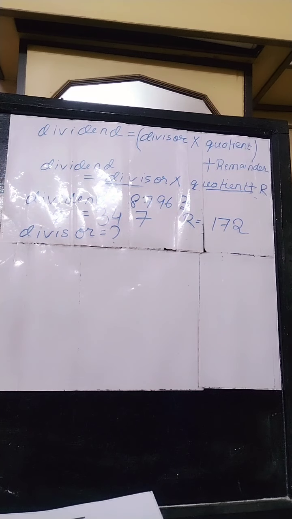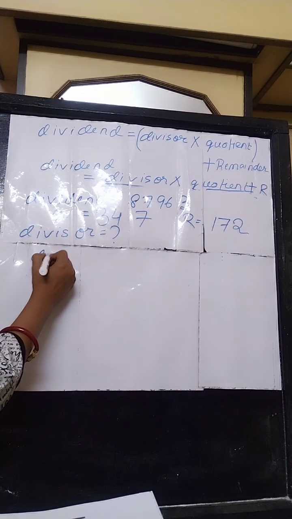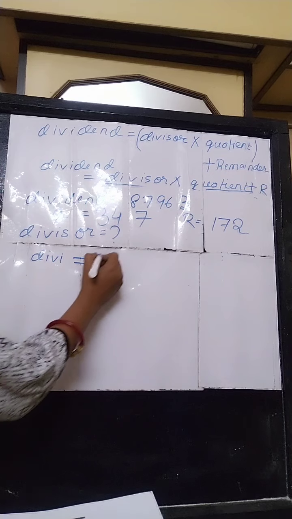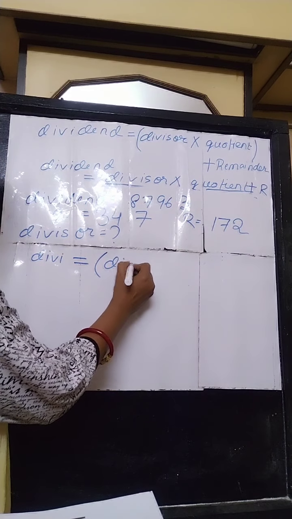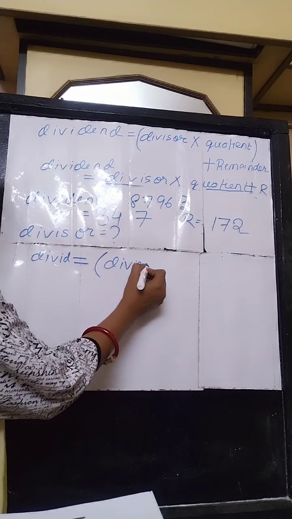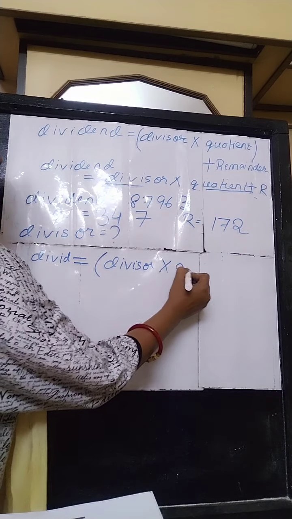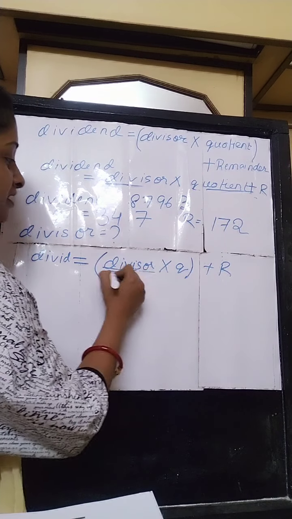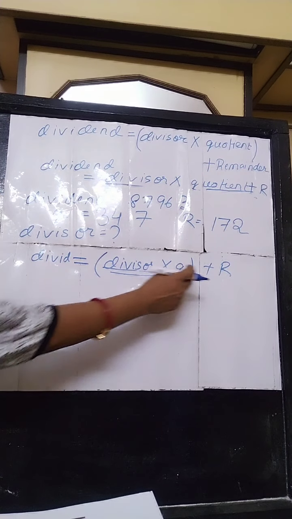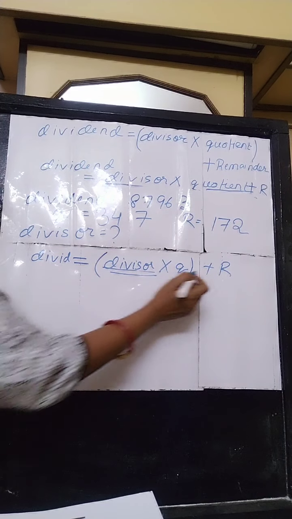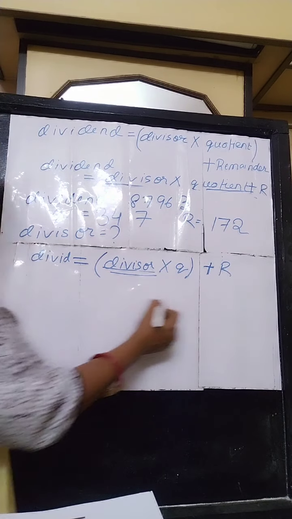Now, how will you find out the divisor? We all know that dividend is equal to divisor into quotient plus remainder. Here divisor is missing. So first remainder is to be brought to the left hand side, and the sign of remainder will change. It will become minus.